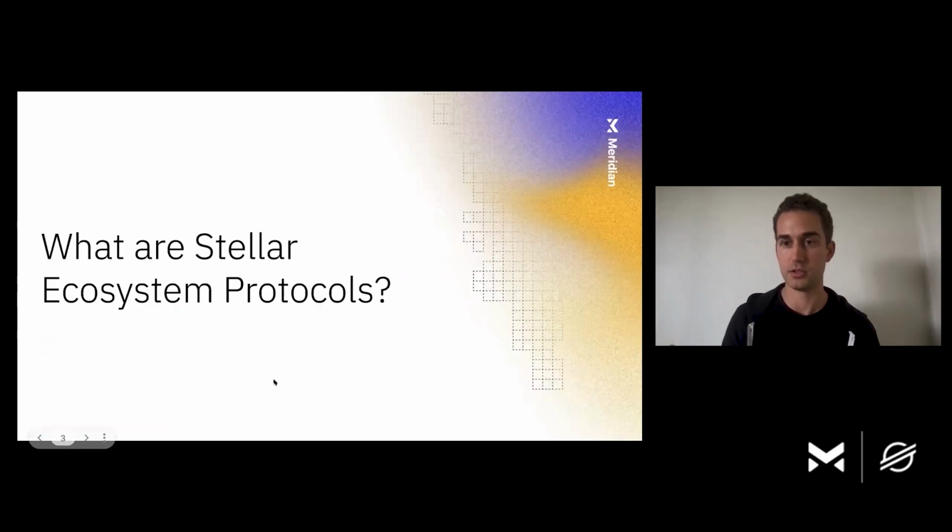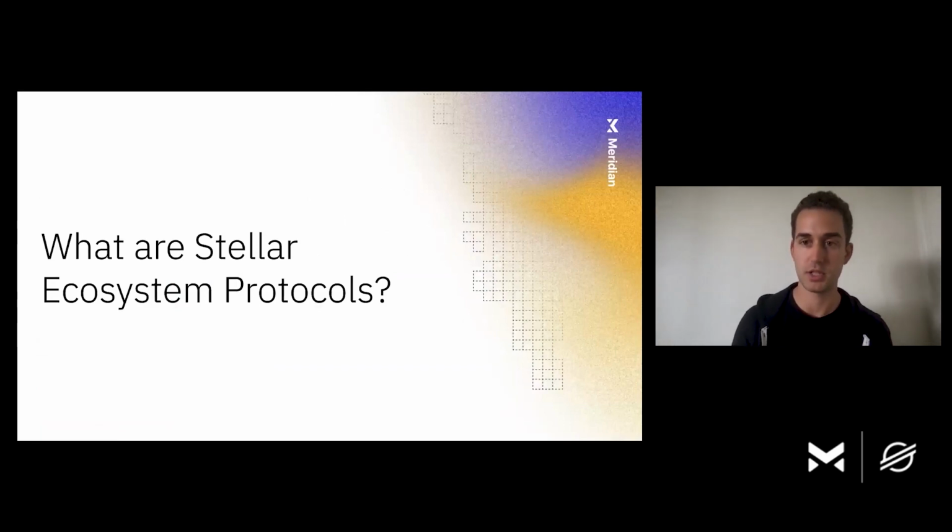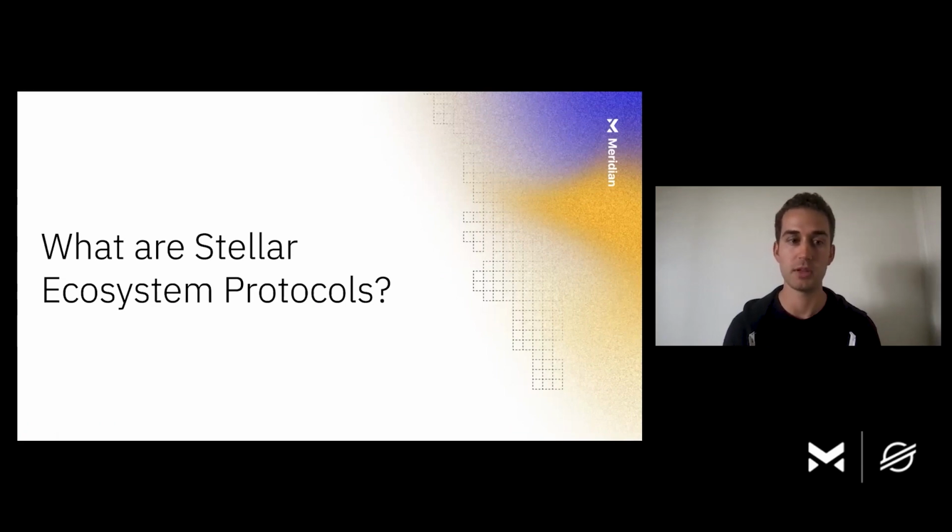So before we dive into the subject matter, I just want to do a quick overview, for those of you who may not be familiar, about what Stellar ecosystem protocols are. Stellar ecosystem protocols are not like the Stellar consensus protocol, where nodes use a low-level networking protocol to communicate with each other, but it's actually an application layer communication protocol where applications are communicating with each other using the Stellar blockchain, so that the participants in the network can communicate in a standardized way.